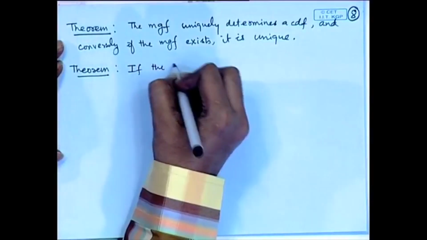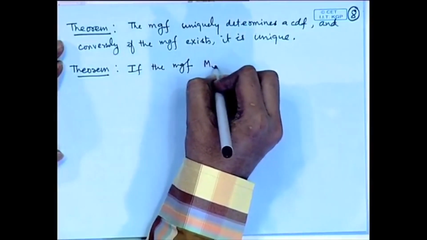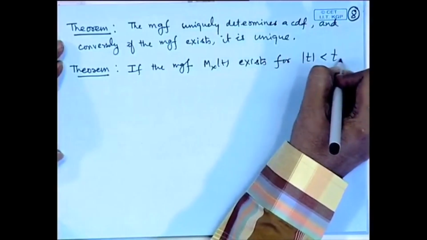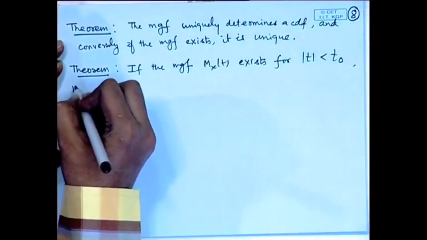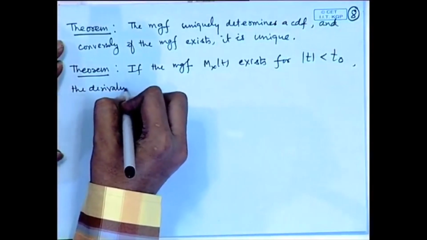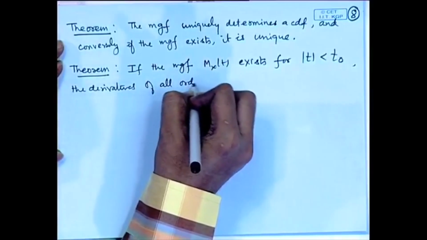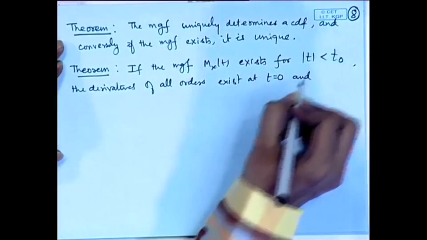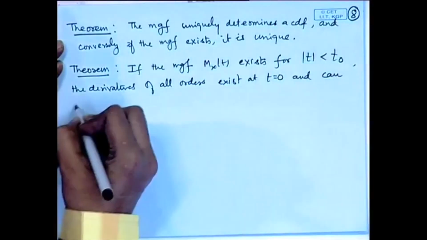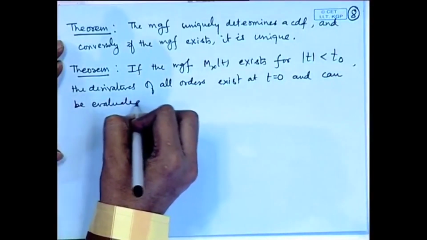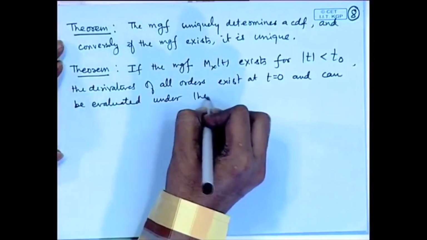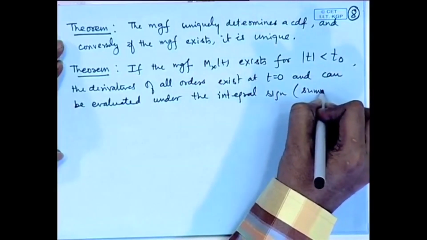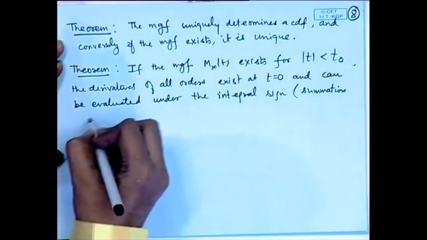If the moment generating function M_X(t) exists for modulus t less than t naught, that means, in a neighborhood of 0, the derivatives of all orders exist at t equal to 0 and can be evaluated under the integral sign, or you can say summation sign, depending upon whether a discrete or continuous distribution is there.